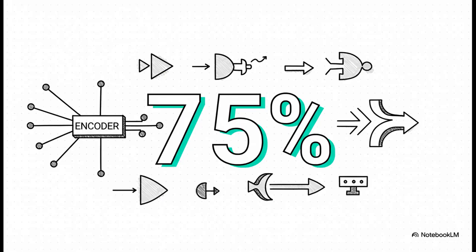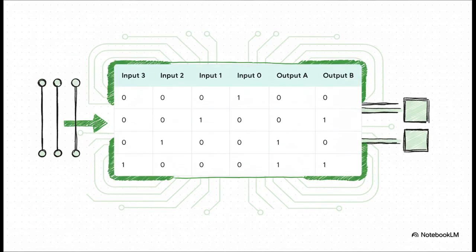And get this, compression is incredibly powerful. A really common type of encoder can take 16 separate input lines and represent any one of them using just 4 output lines. That's a 75% reduction in wiring, which is a massive deal in terms of saving space, money, and complexity.